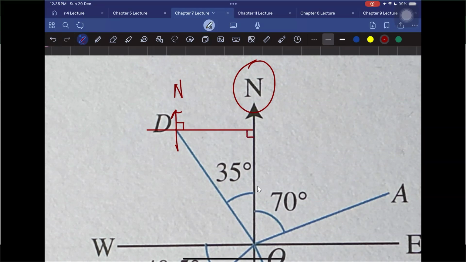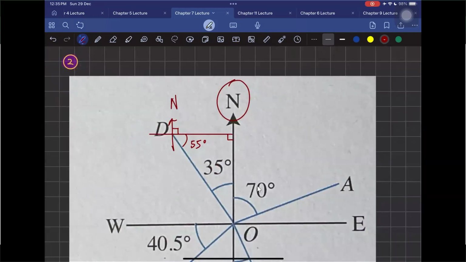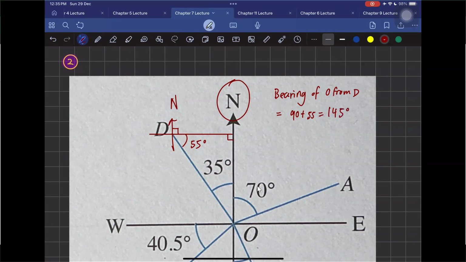You know this is 90, and you can find this because this is given 35. So if you use your calculator, 180 minus 90 minus 35, you'll get 55 degrees. So your answer should be 145 degrees.